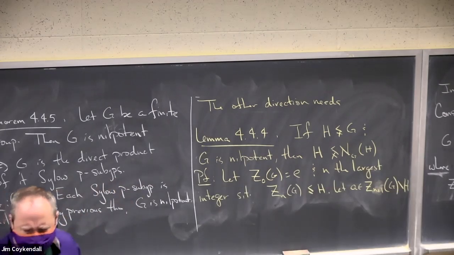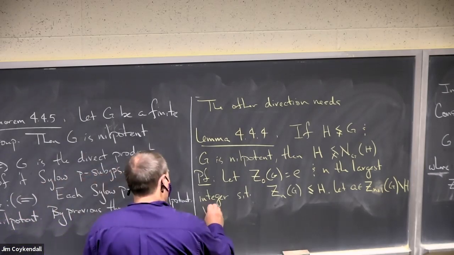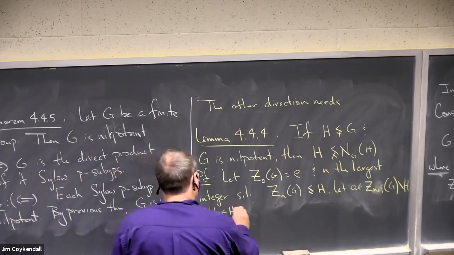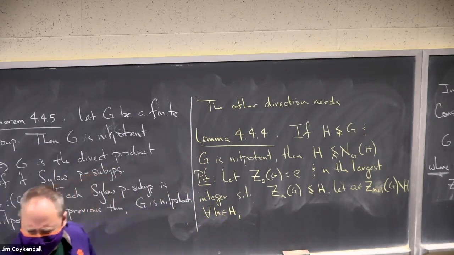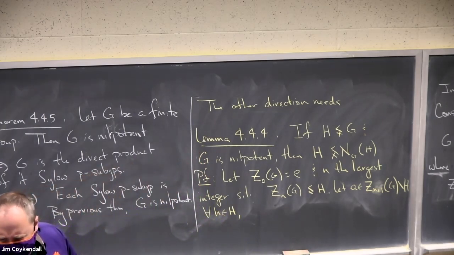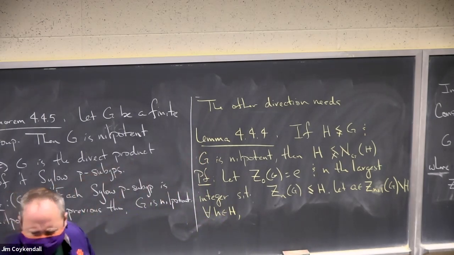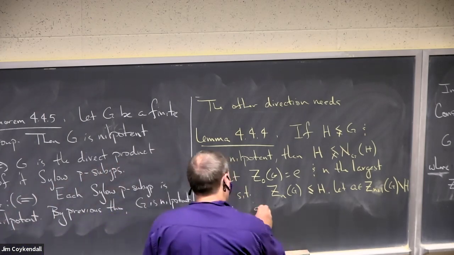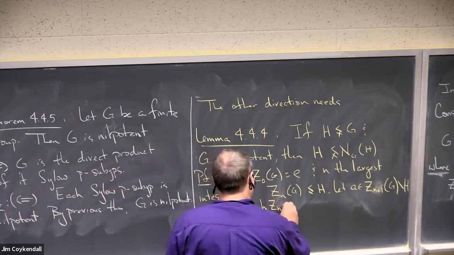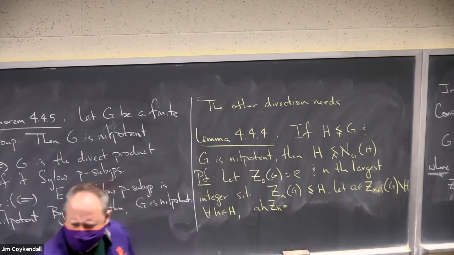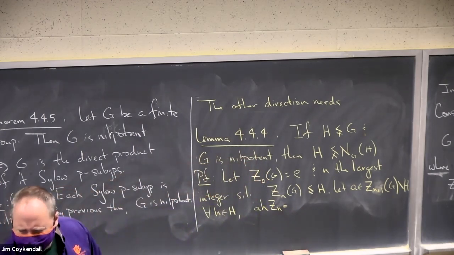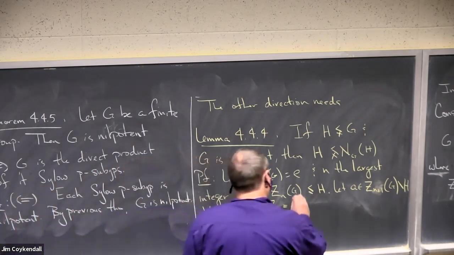So for all h in H, the coset aZ_n equals Z_n a.